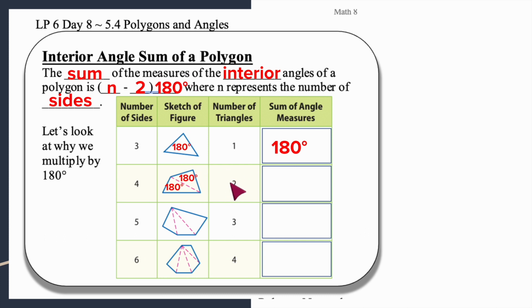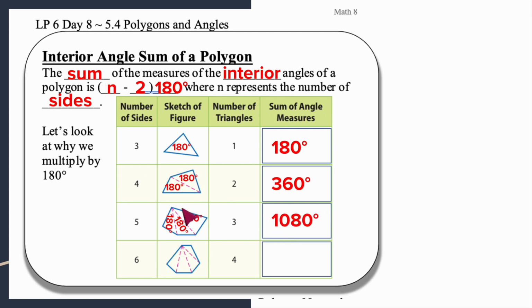Once I know how many triangles I have, then I go times 180, and I know what the interior angle sum is. So if I have a 4-sided figure, the 4 angles add up to 360. If I have 5 sides, excuse me, I have 3 triangles. So 180 times 3 is 540.